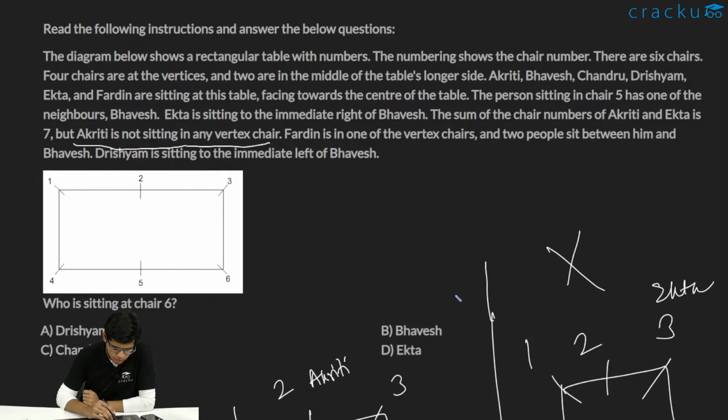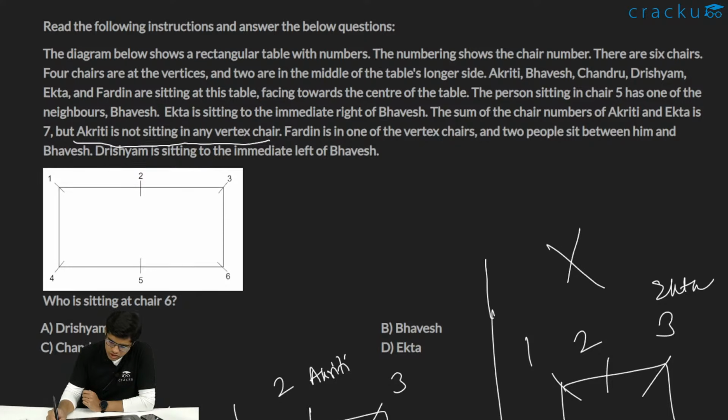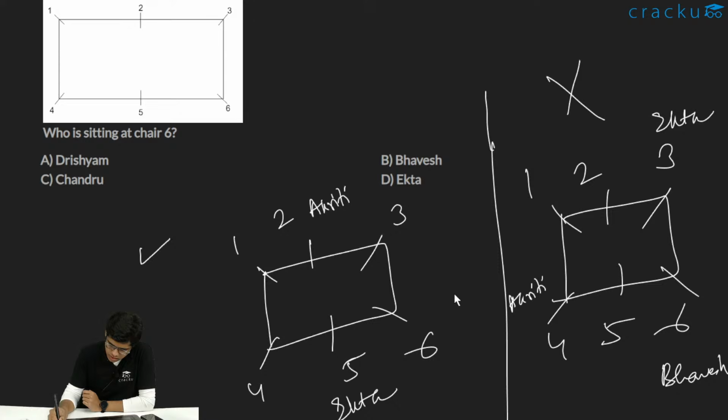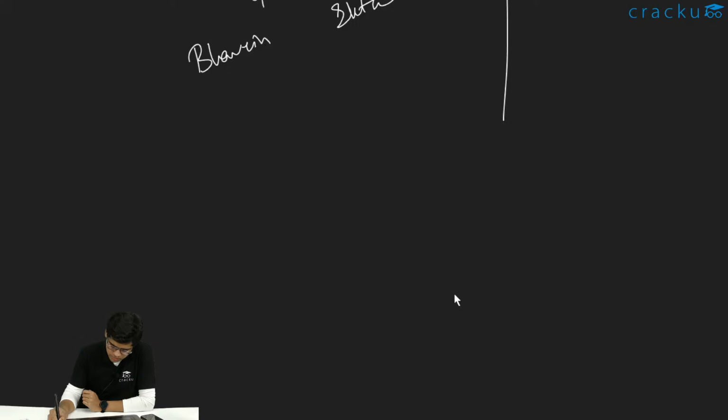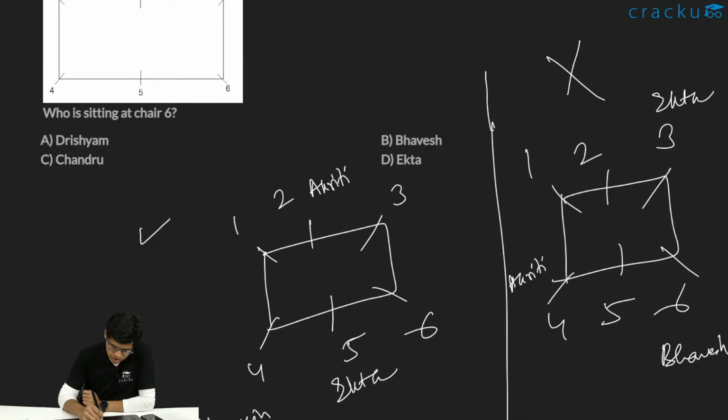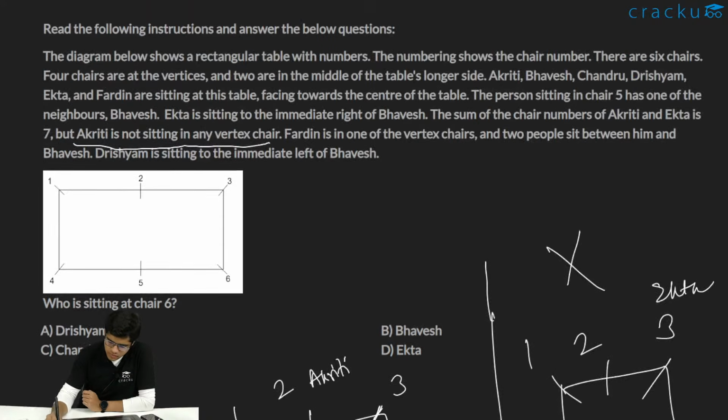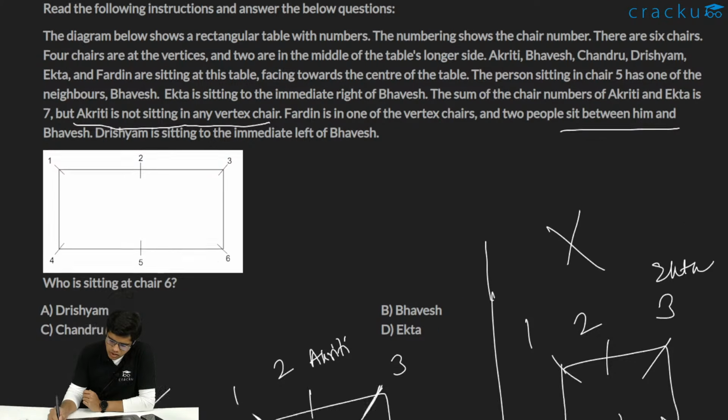Now it is given that Fardin is in one of the vertex chairs. So Fardin can be in chair number 1, 3 or 6, because these are the vacant places. Also, 2 people sit between him and Bhavesh.